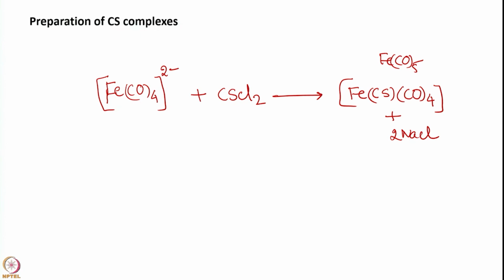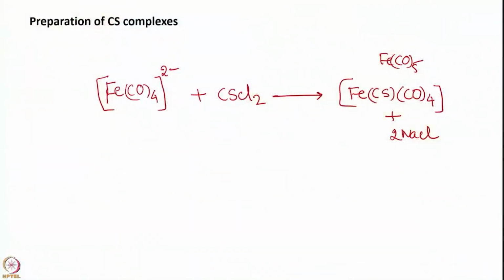And third method, in fact, we used thioacetate, we used carbon disulfide, and also we used thiophosgene. In another method, carbon disulfide can also be used. For example, let us consider for variety a half sandwich compound of manganese.